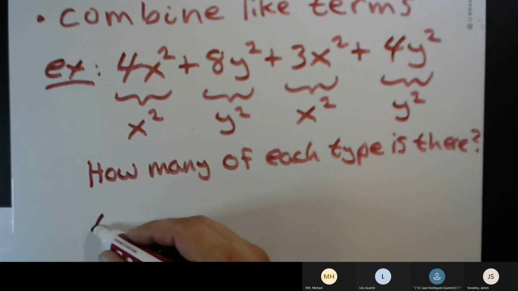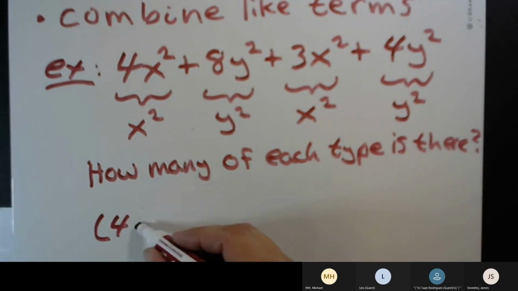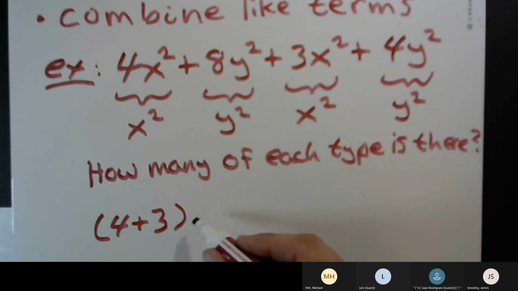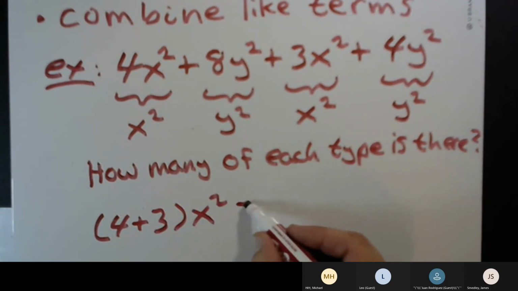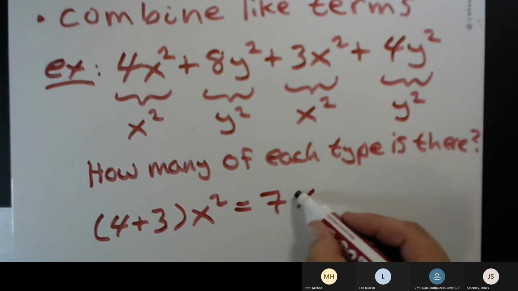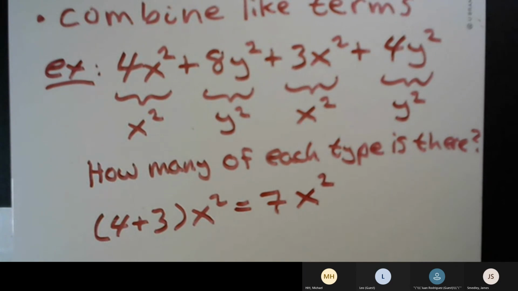So we can say there's 4 plus 3 x squares, or 7 x squares. And there's 8 plus 4 y squares.